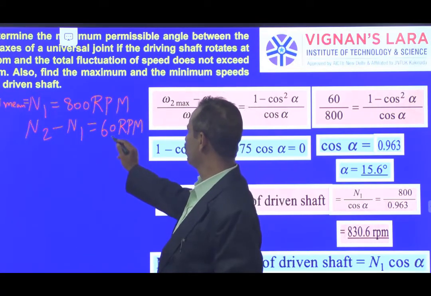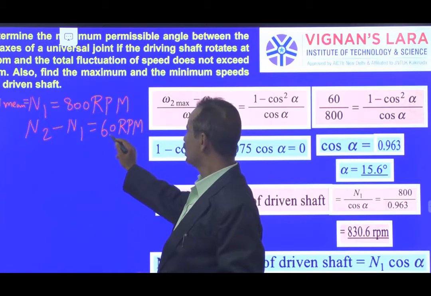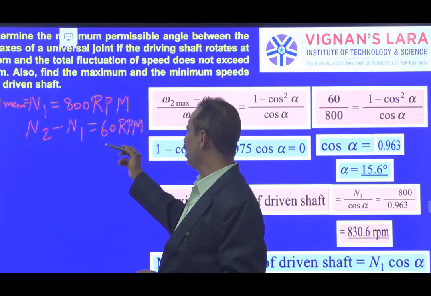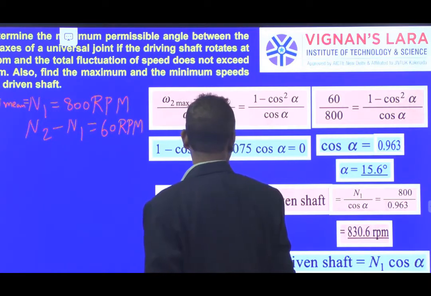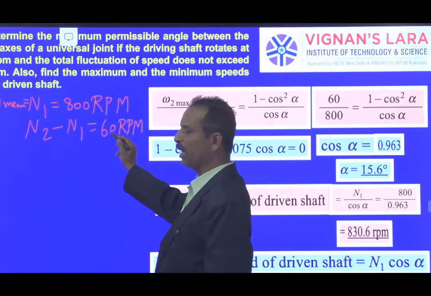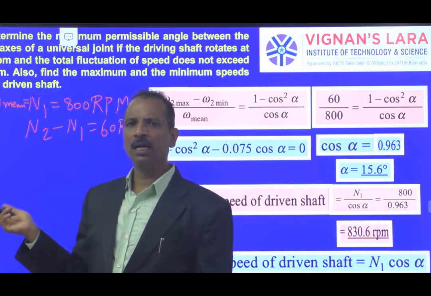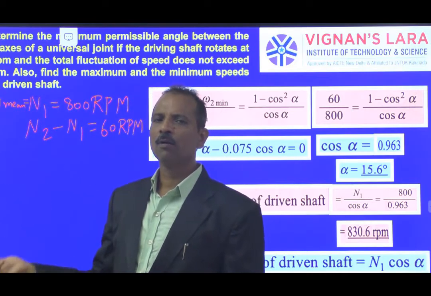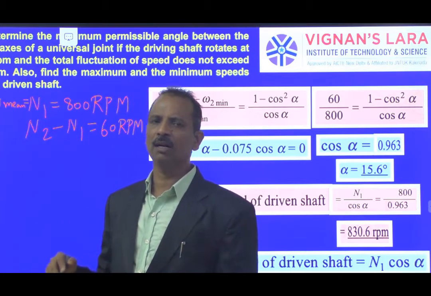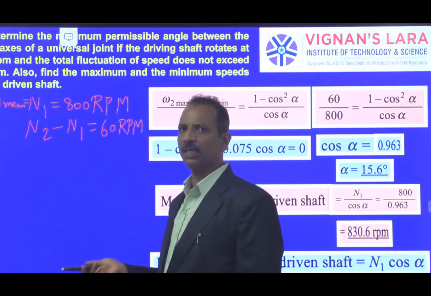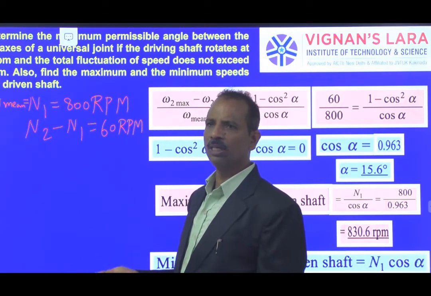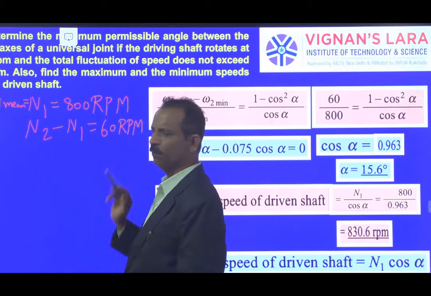That amount is 60 by 2, that is 30. So it is 800 minus 30 and 800 plus 30. Then the mean is no doubt 800 only.